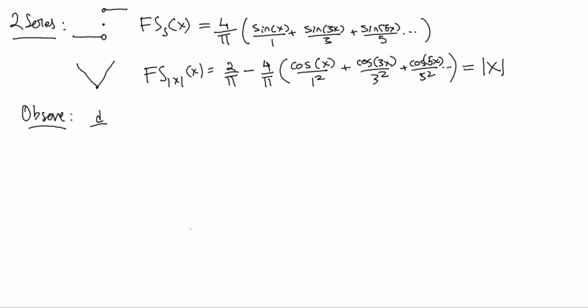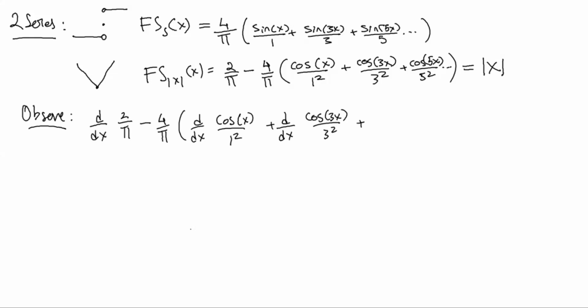If you take the first series and literally differentiate every term, you literally get the second series, right? What's the derivative of cosine?